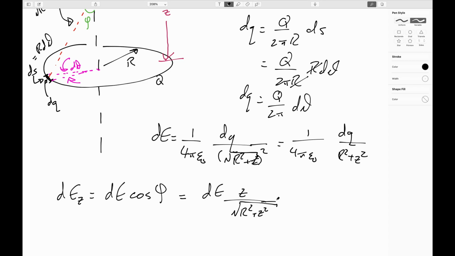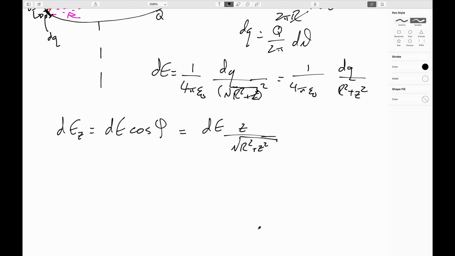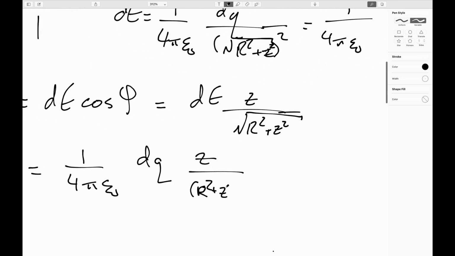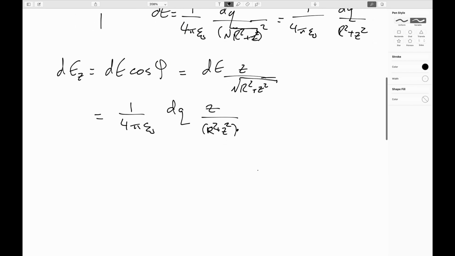All right, so substituting in our dE, we get that dEz will be equal to 1 over 4 pi epsilon naught dq, I'll just leave the dq sit there, times z over r squared plus z squared to the 3/2 power.